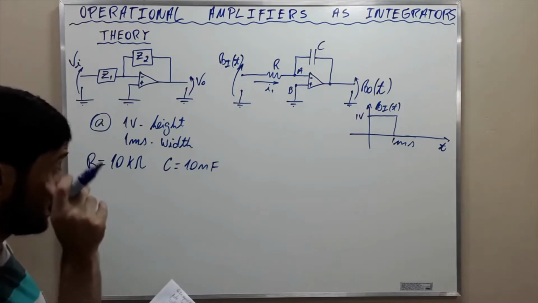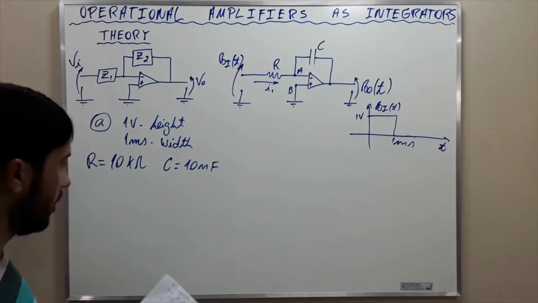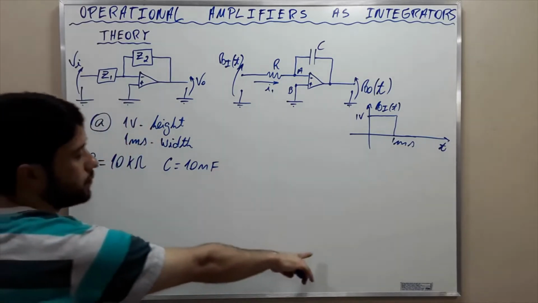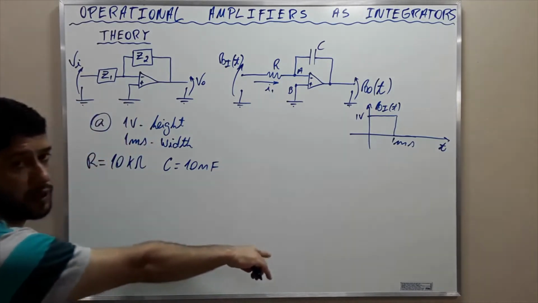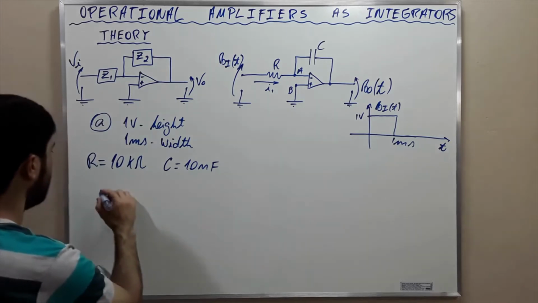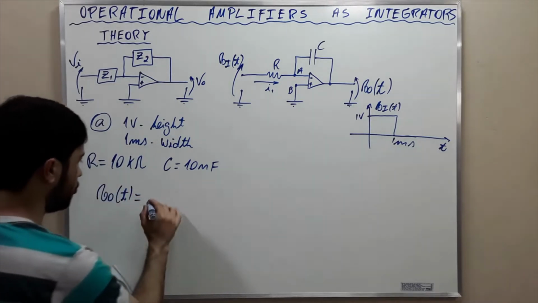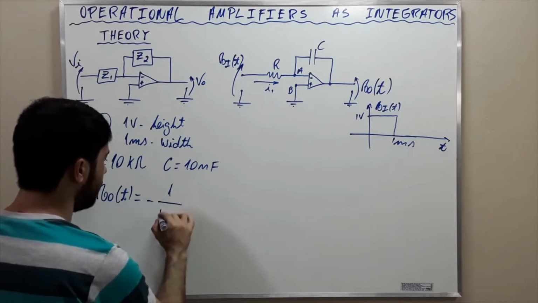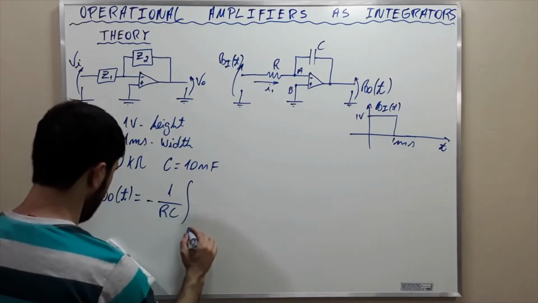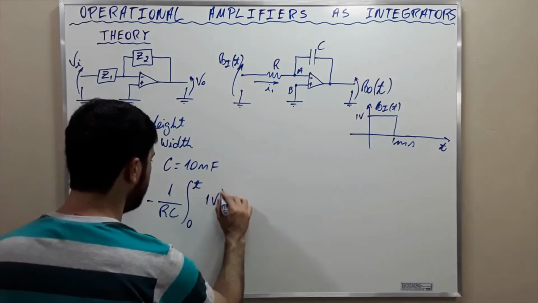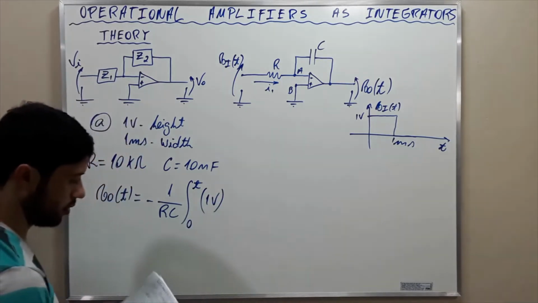Okay, as we did before, the output voltage here, based on the formula that I wrote here, is going to be V0 of t equal to the negative of 1 over RC, the integral from 0 to t of 1 volt dt.